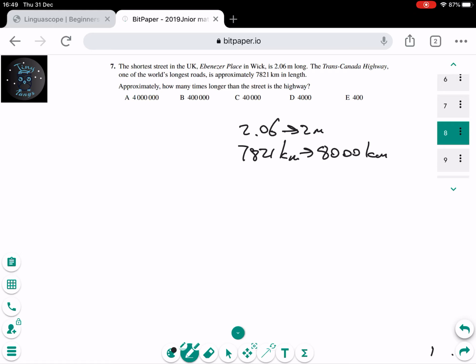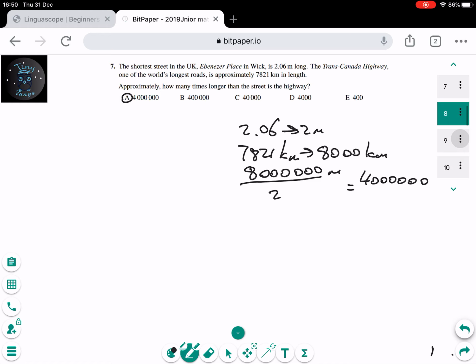So that becomes 8 million meters over 2 meters, which equals 4 million. So the answer is A.